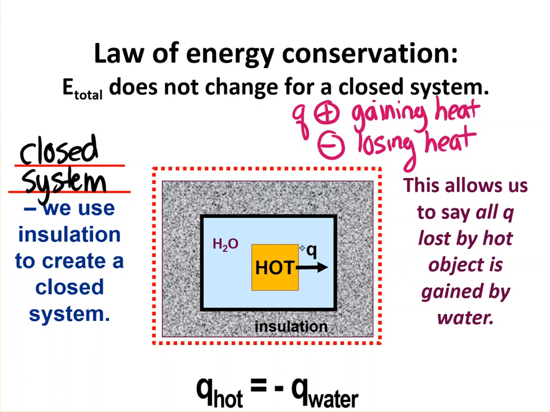So in this case, the hot object would have a negative number for its Q, and the water would have a positive Q. They would be the same number, opposite signs.